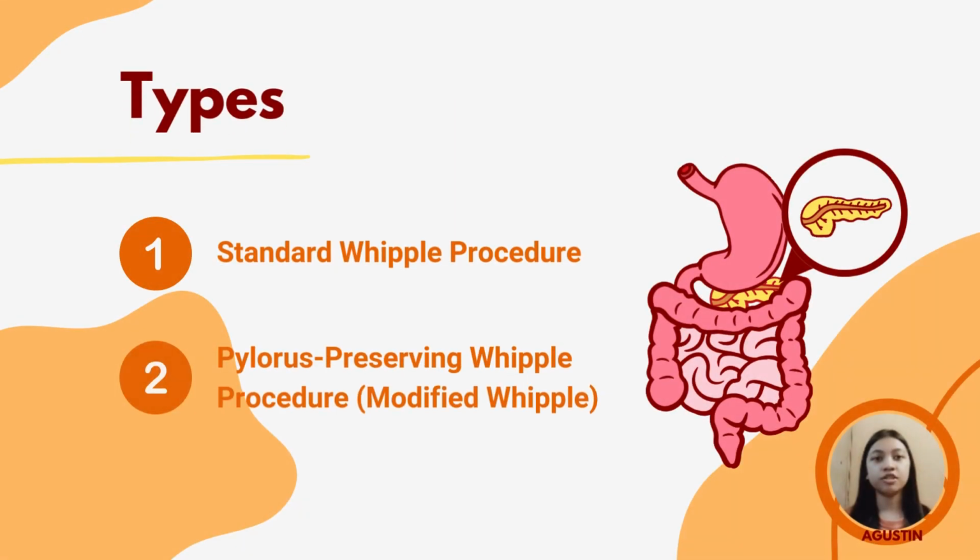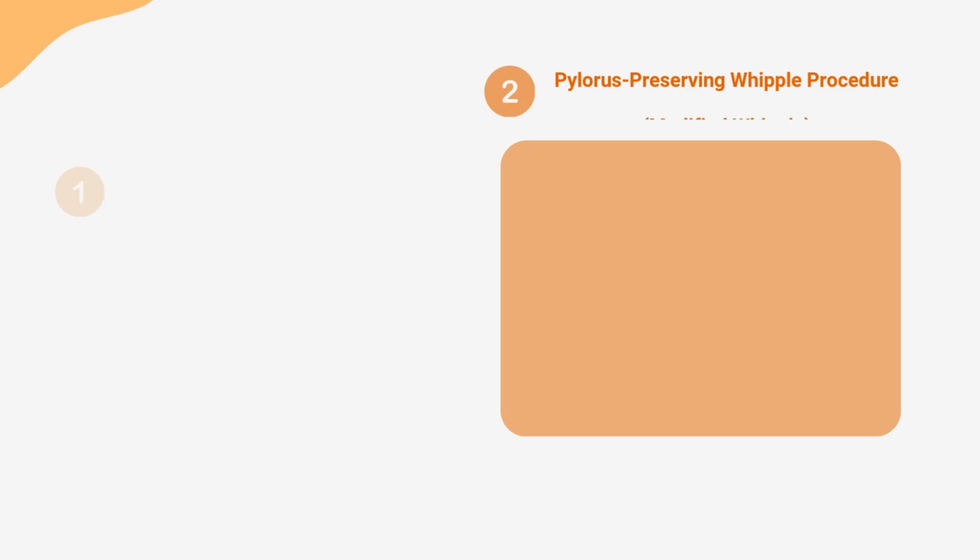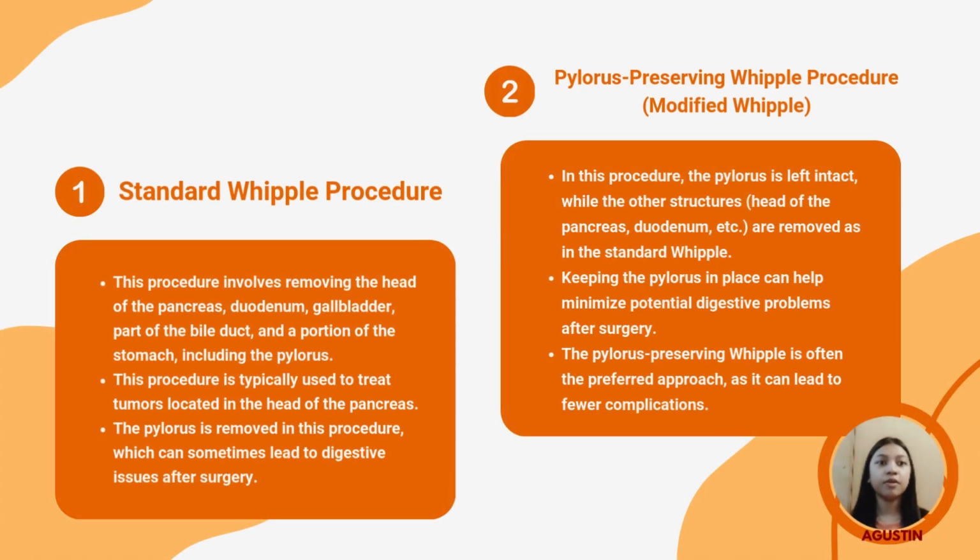In this procedure, we have two types. The first one is the standard Whipple procedure, and the second one is the pylorus-preserving Whipple procedure, or the modified Whipple. For the standard Whipple procedure, this involves the removal of the head of the pancreas, duodenum, gallbladder, part of the bile duct, and a portion of the stomach including the pylorus.